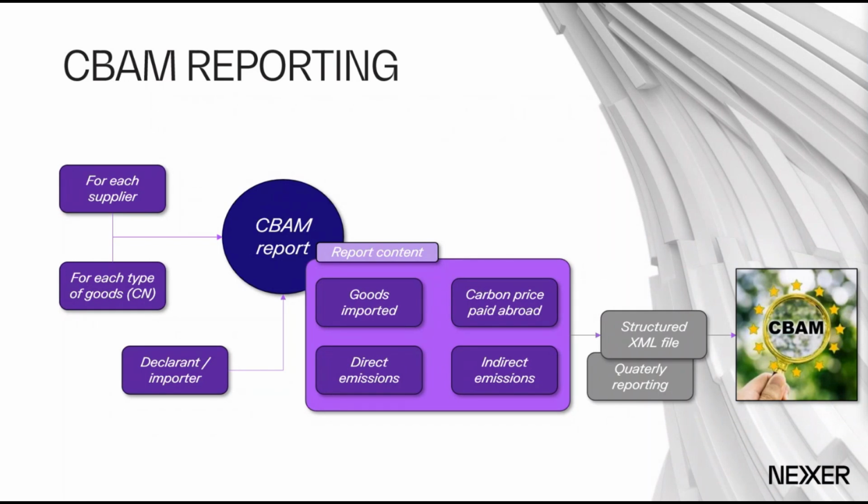What is the potential carbon tax or carbon price that has already been paid, if you are importing through others and have different sub-suppliers? And what is the direct and indirect emission of this? And again, the tax part, which is not in force yet but is expected to come in 2026, and then issue that to the European Union.